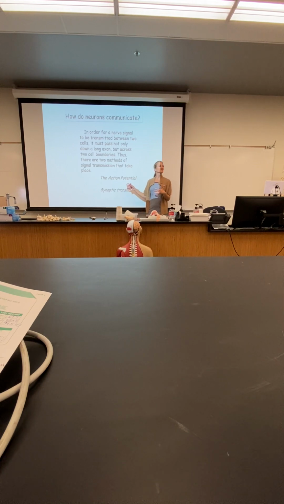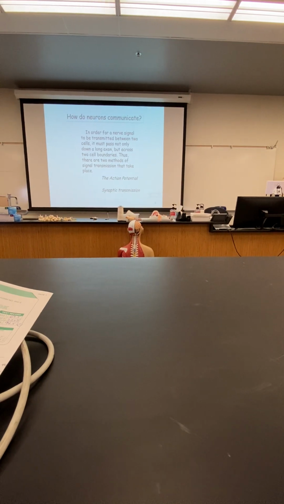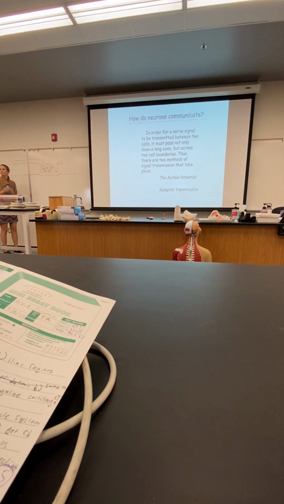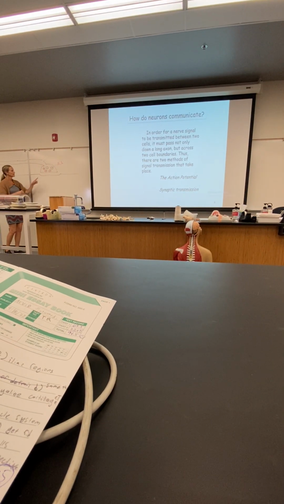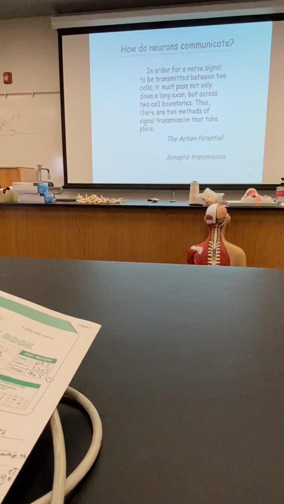When the action potential reaches the axon terminus, it triggers what we call synaptic transmission. This word comes from the term for this connection. This little gap between the two cells is called a synaptic cleft.